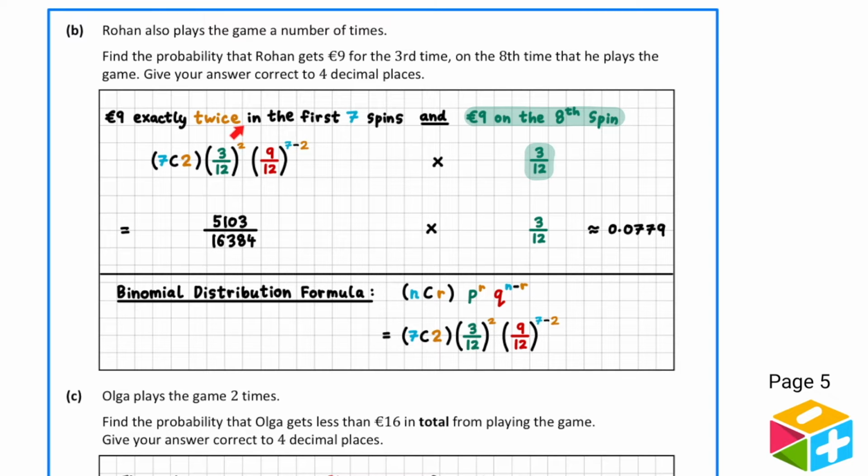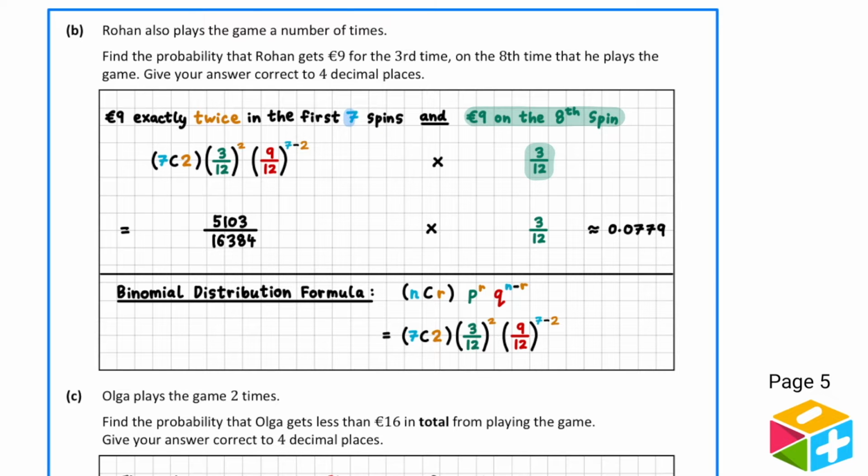The probability of getting €9 exactly twice in the first 7 spins is a bit harder. Here, we'll have to use the binomial distribution formula. N choose R times P to the R times Q to the N minus R. Here, N refers to the total number of trials.